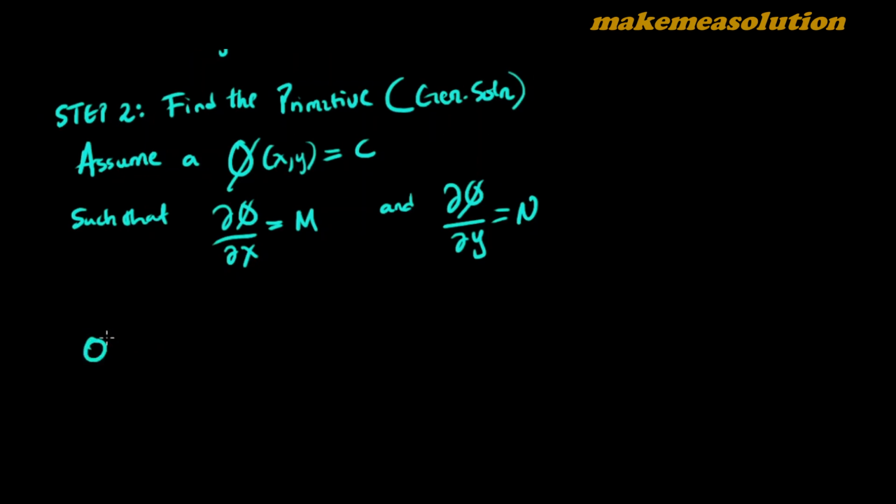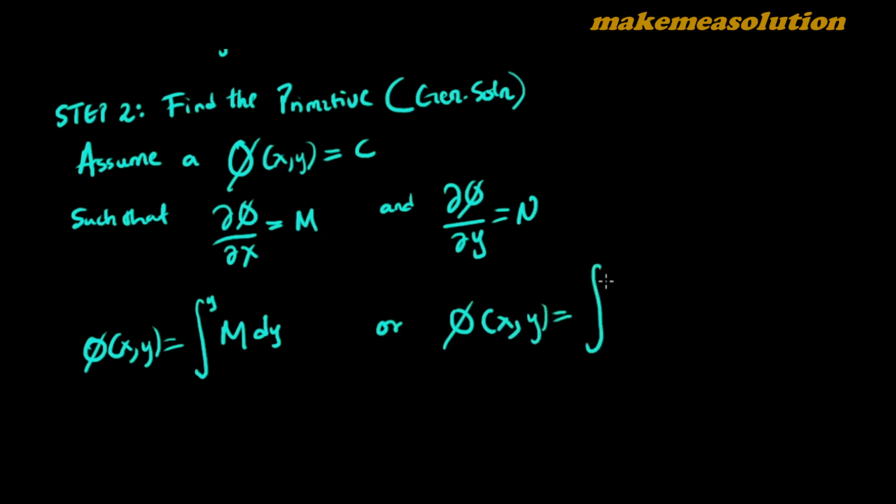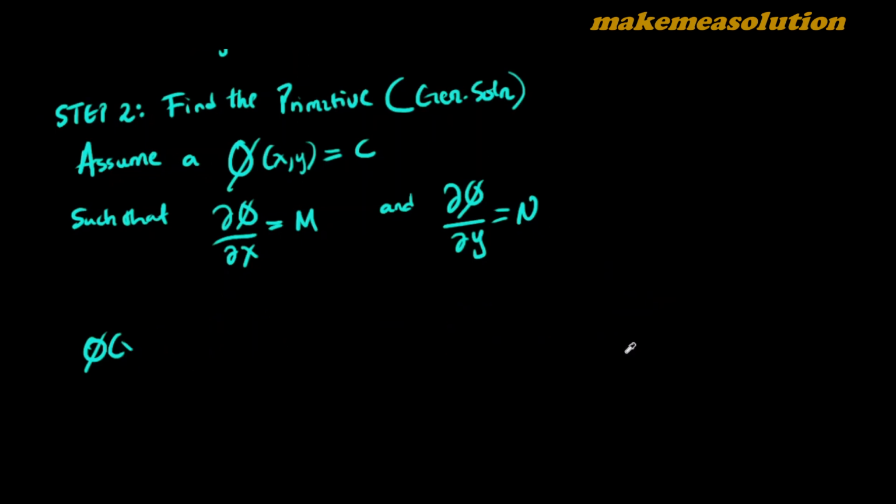So with these assumptions, you now get that phi of x comma y can be gotten when we carry out partial integration with respect to y for N, or partial integration with respect to x for M. Just like we've established in the past, you will discover that our phi of x comma y can be gotten in two ways.